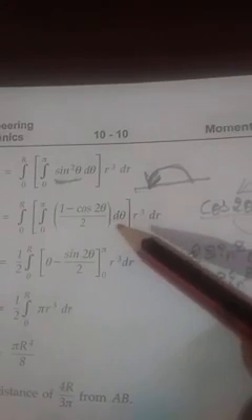Now if I integrate, the 2 that is there I will take outside, so it will become 1 by 2. Now we integrate 1 minus cos 2 theta with respect to d theta.